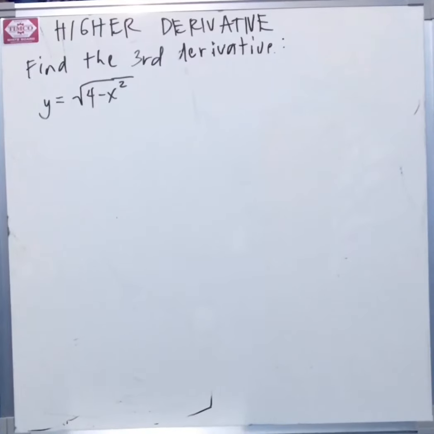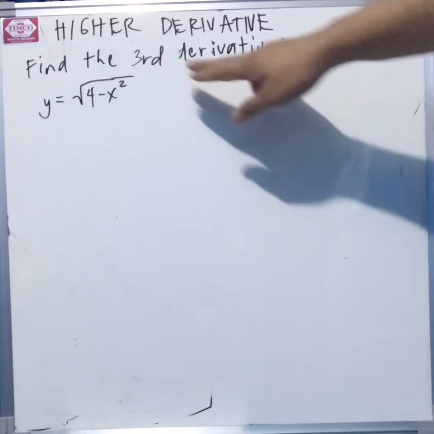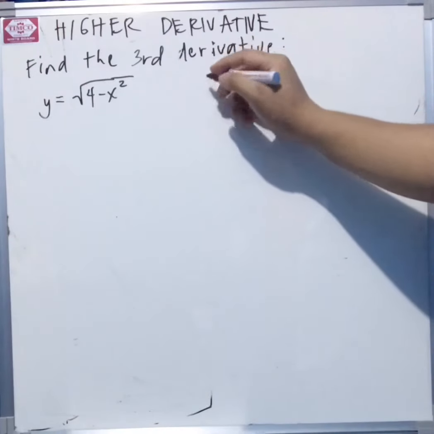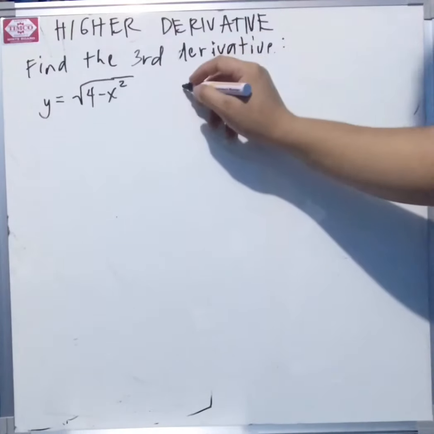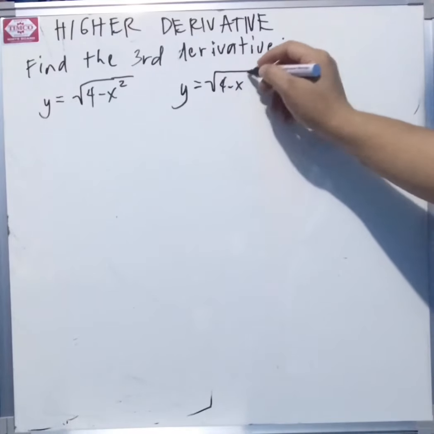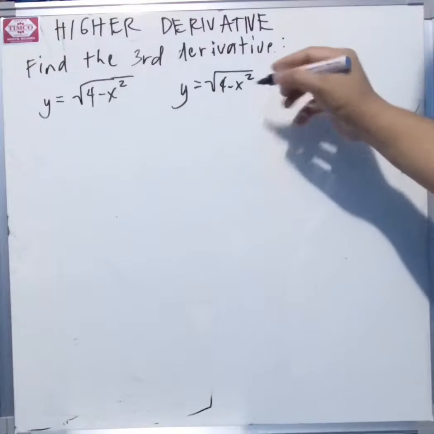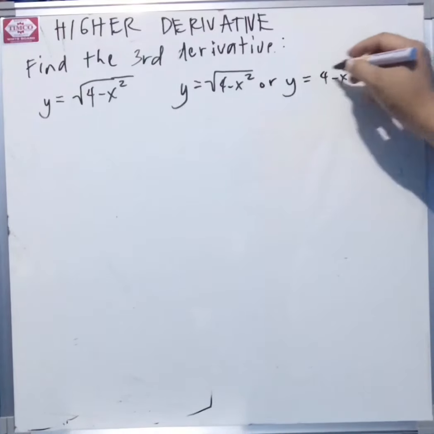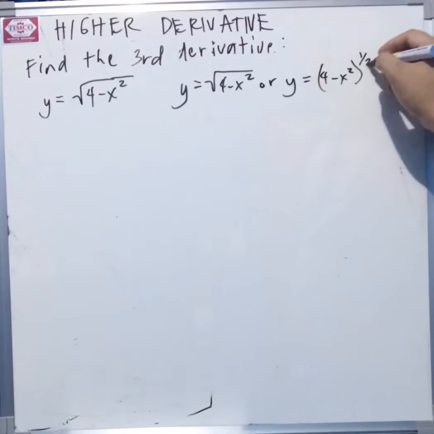We have another example here. We are going to find the third derivative of the equation y is equal to the square root of 4 minus x squared. So y is equal to the square root of 4 minus x squared, or y is equal to (4 minus x squared) raised to 1/2.